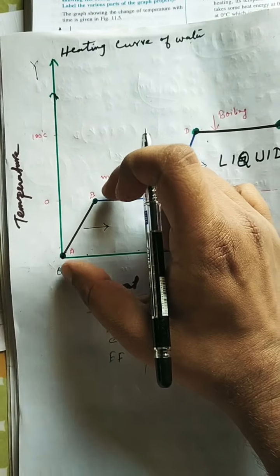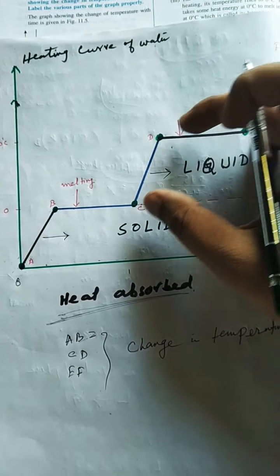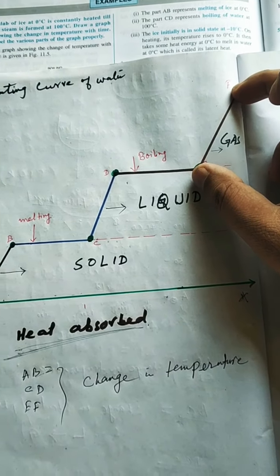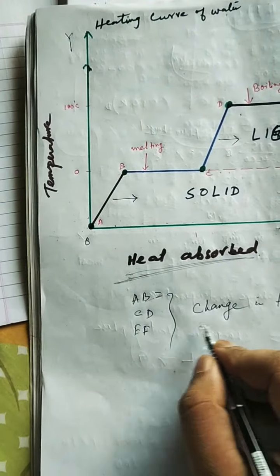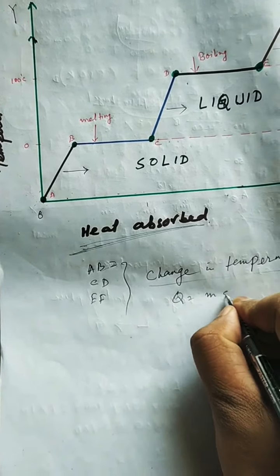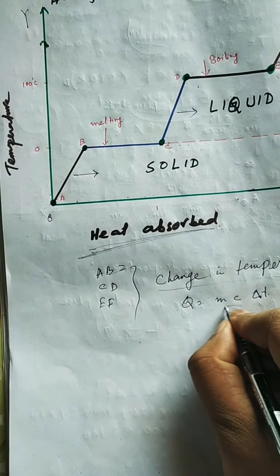So for change in temperature, which formula will we use? Q equals m c delta T.